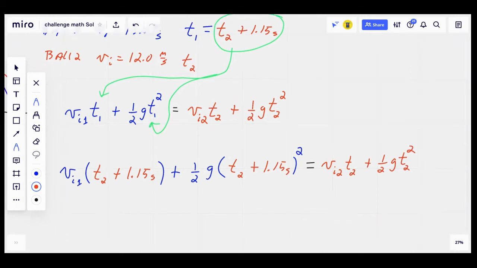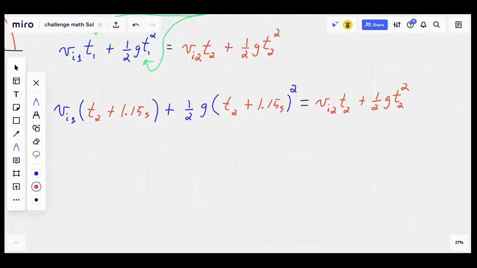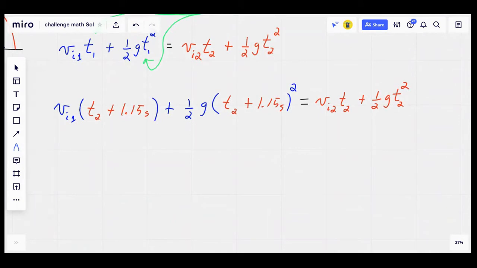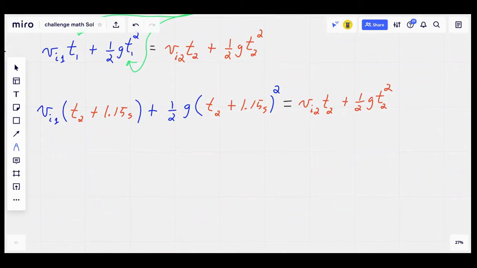Okay. So now when I look at this, I only have the variable T2 in here, which is what I want to solve for. That's the time for the second ball, which will allow me to figure out when they meet and how high they meet. Now, let's do a quick check of some things before I move on. That's a number, number, number, number, number, and number.